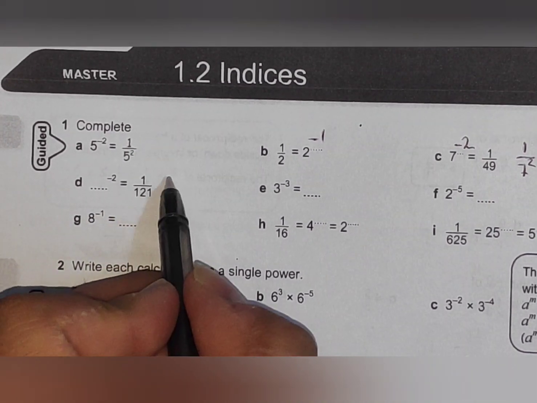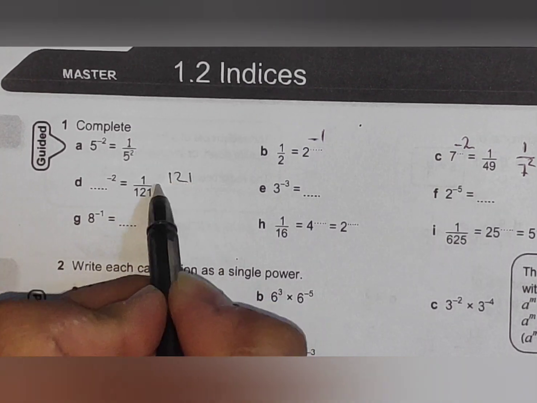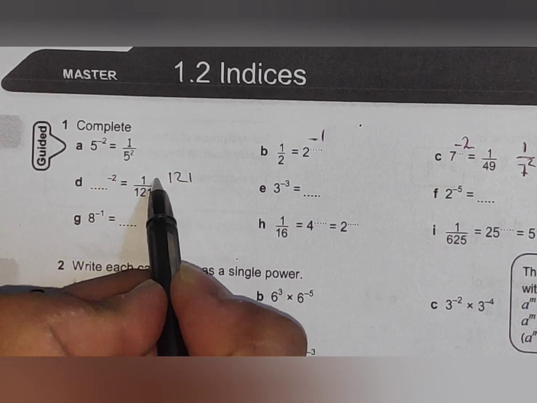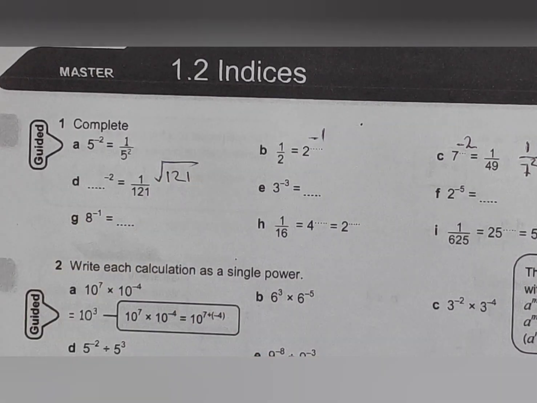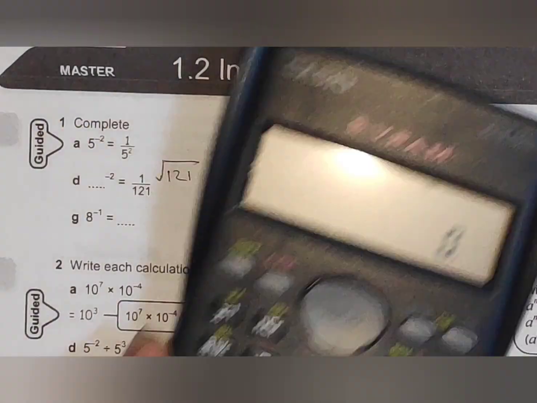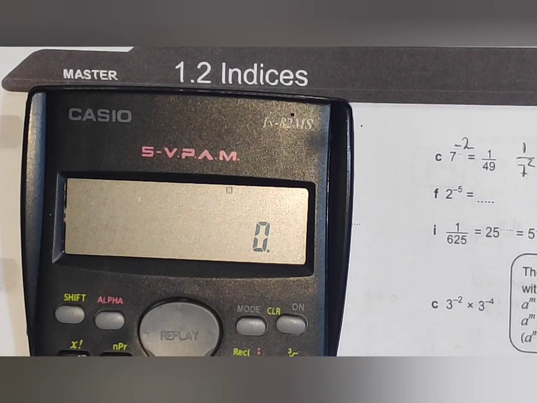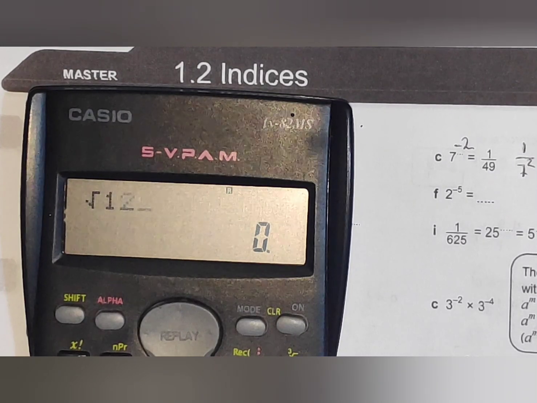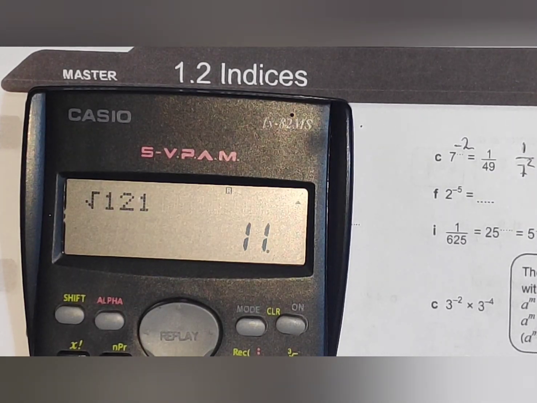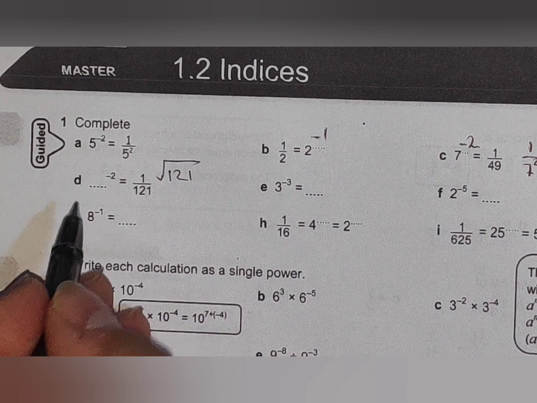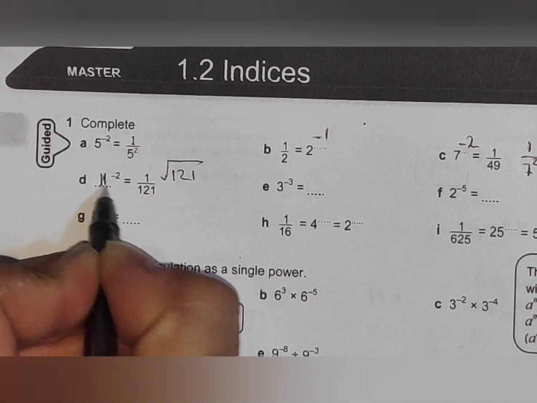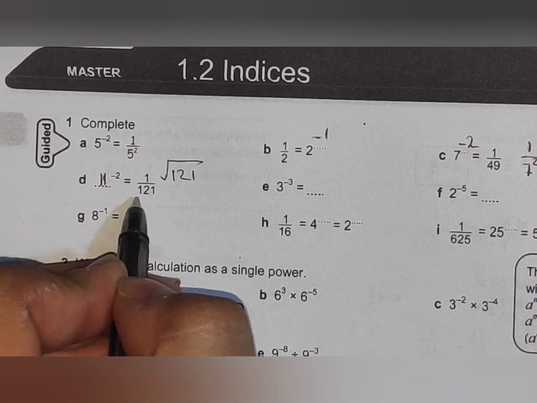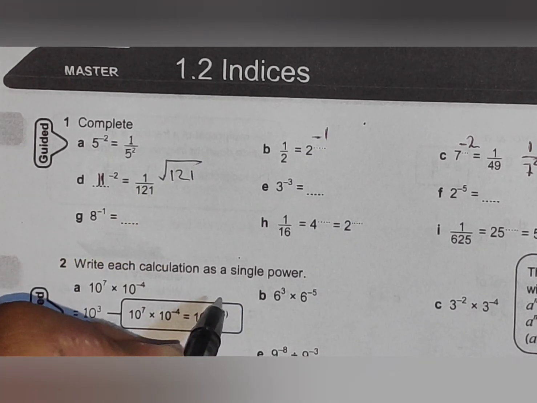We're going to take the 121, and because this is squared, we're going to put it under the square root. So we're going to say square root of 121. And the answer is 11. So the number is 11 here. So 11 power of negative 2 is 1 over 121.